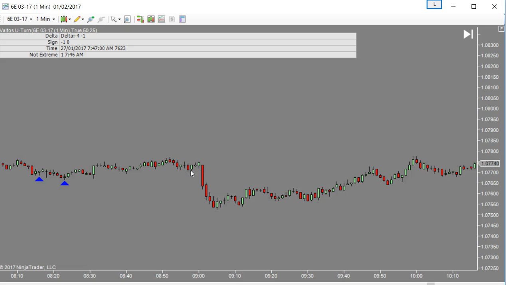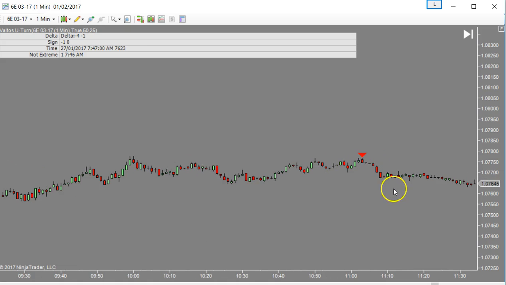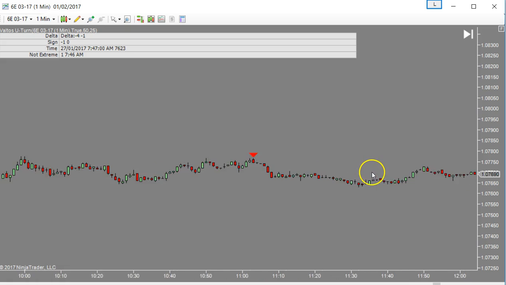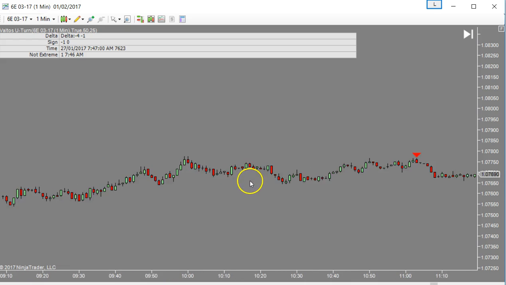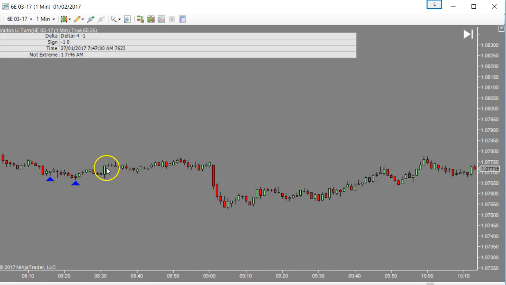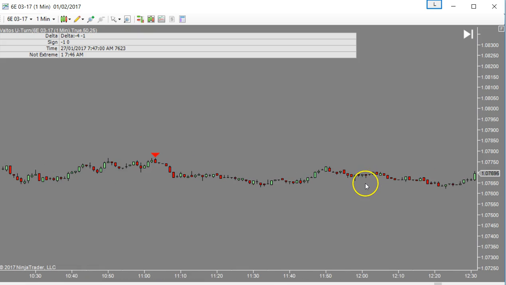You want the trade to be in your favor, but you don't want it to be in your favor by just a couple of ticks. You want it to be in your favor moving down, moving to different price levels, finding new price levels to trade. Like here, immediately, boom, boom, boom. Whereas this one is just sort of, you get one push up there, nothing really else. But here, these boom, boom, boom, that's encouraging.